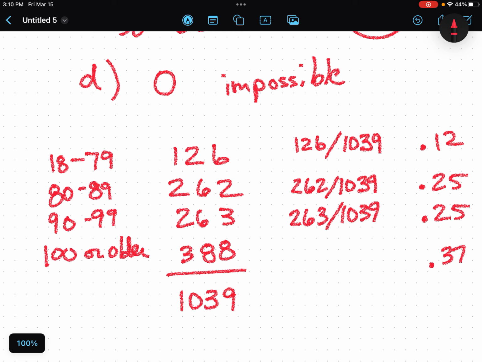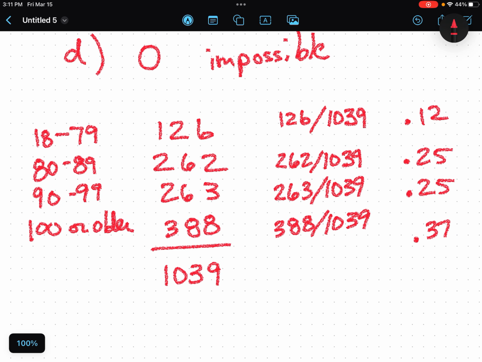I only went to 2 decimal places, and one of the things about a probability model is that all the probabilities should add up to 1. I got 0.37 plus 0.25 plus 0.25 plus 0.12, and I get 0.99, and the reason is because I rounded. If I would have kept them all the same, it would have been 1, okay?